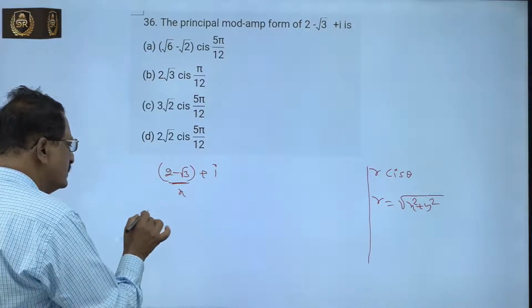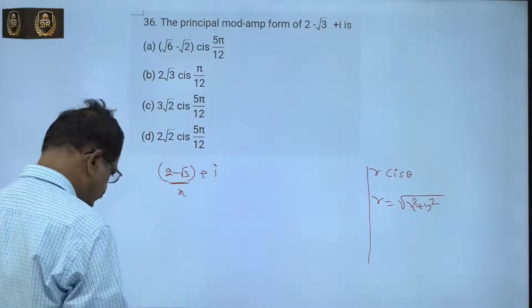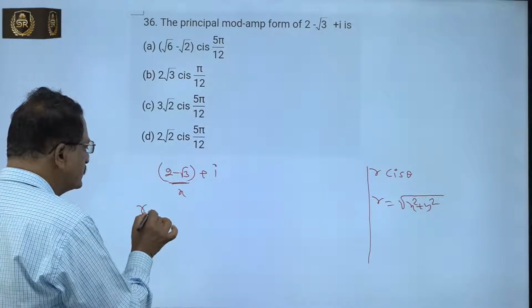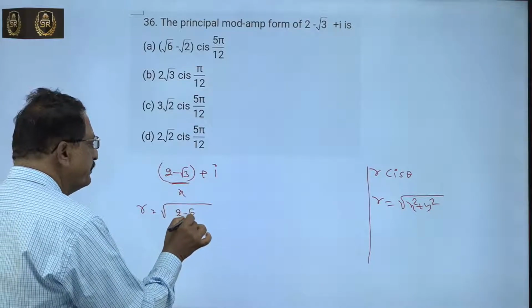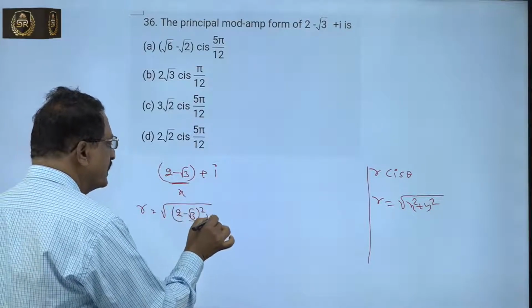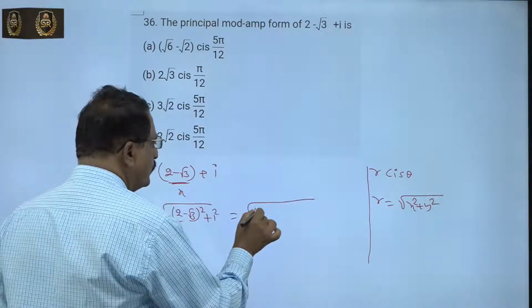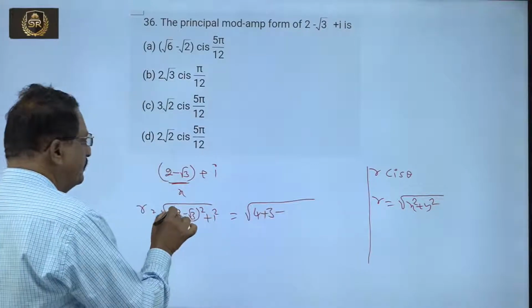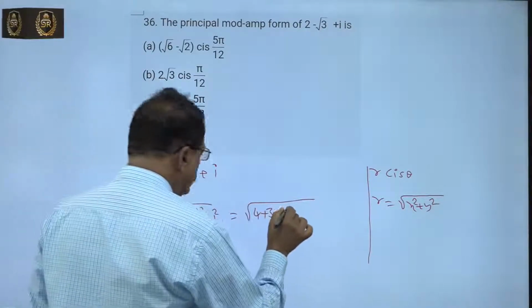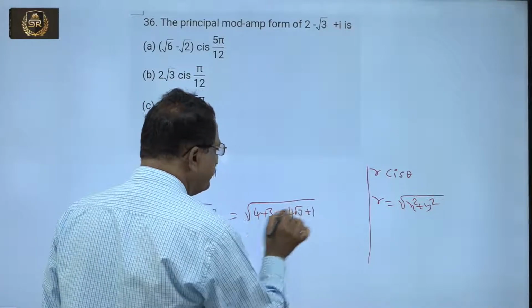Now R equals square root of 2 minus root 3 whole square plus 1 square, that equals square root of 4 plus root 3 whole square, using a minus b whole square minus 2ab, minus 2 into 2 into root 3 equals minus 4 root 3, plus 1.